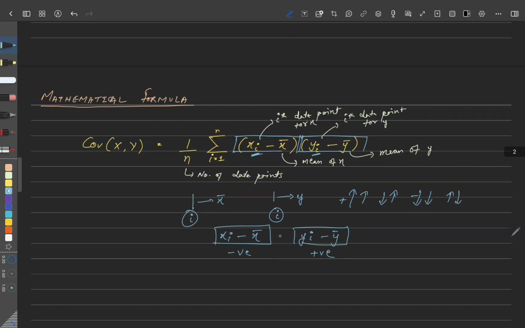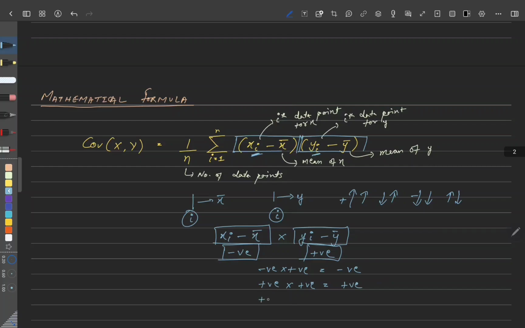Now why are we multiplying these differences from the mean? The reason behind that is that we need to find the combined direction. So for example, if one is negative, another is positive, the combined direction is negative. It's simple arithmetic. So if both are positive, the combined direction is positive.